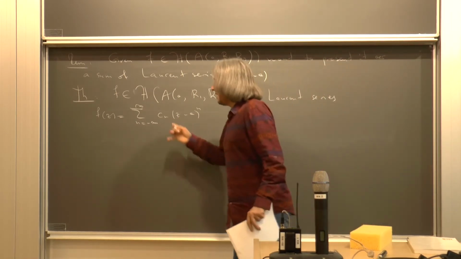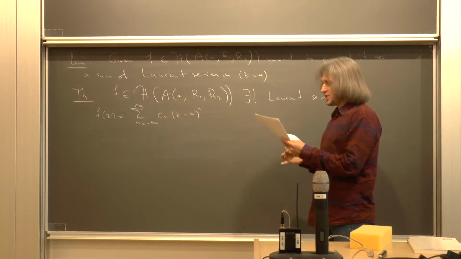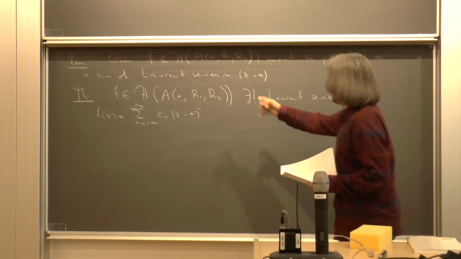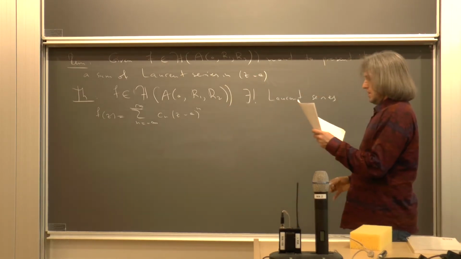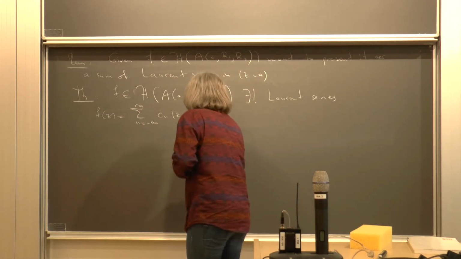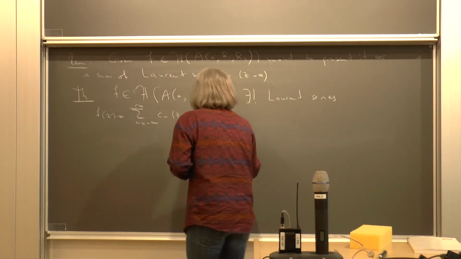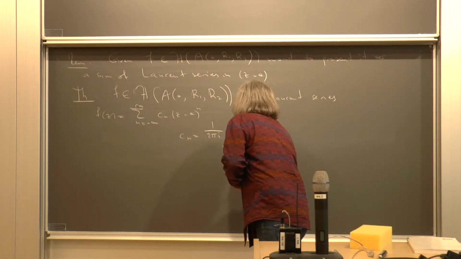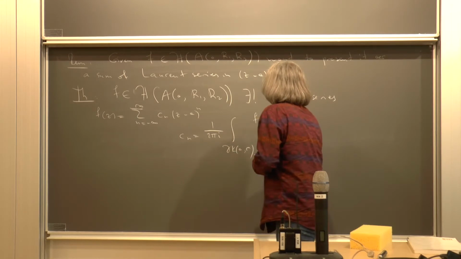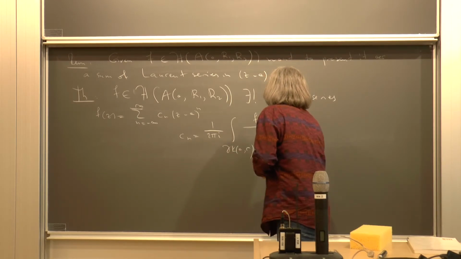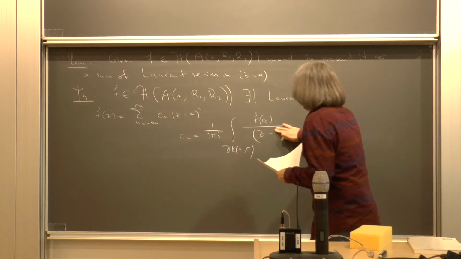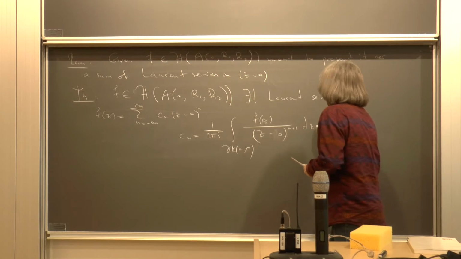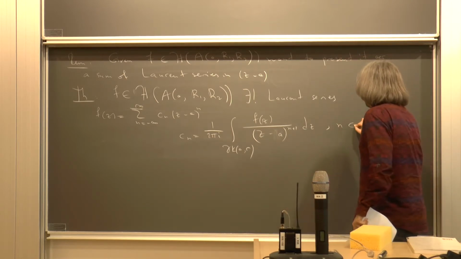And the coefficients are given exactly by the same expressions as for Taylor series in the case when R1 just didn't exist. So the coefficients Cn are given by the formula similar to the Cauchy integral. Only now n belongs to Z.